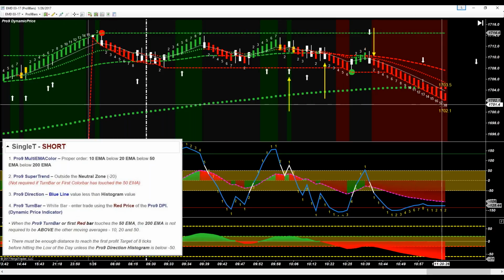And as hard as we've tried to find a way to avoid those, there's just not a way to determine when the end of the run is coming. So something to be aware of. There are pros and cons to each of those trade managements.